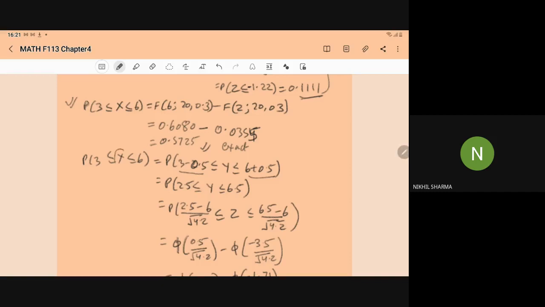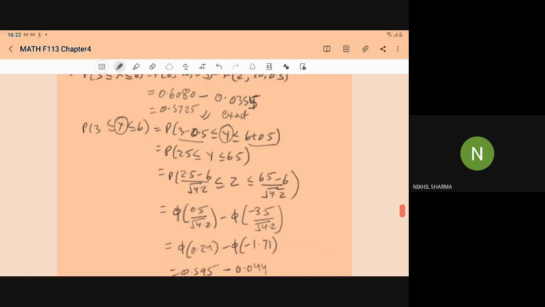Never use the same variable on both sides, because you are approximating the discrete through the continuous, so you have to define two different variables. One is x, another is y, where x is discrete and y is continuous. So it will become the probability of y between 2.5 to 6.5.